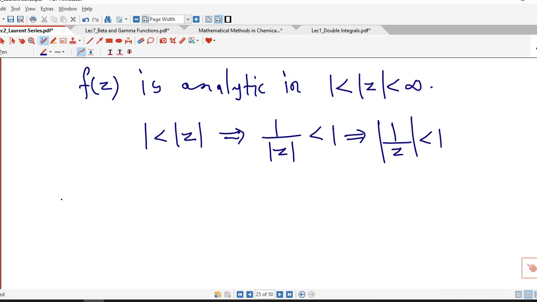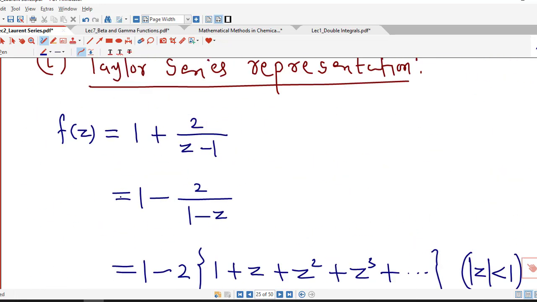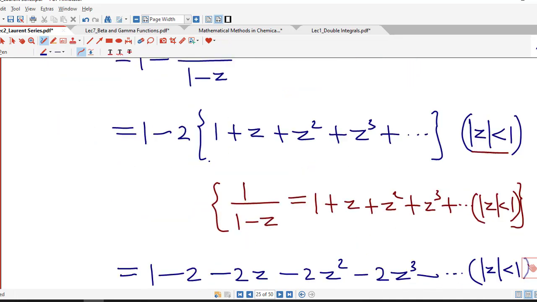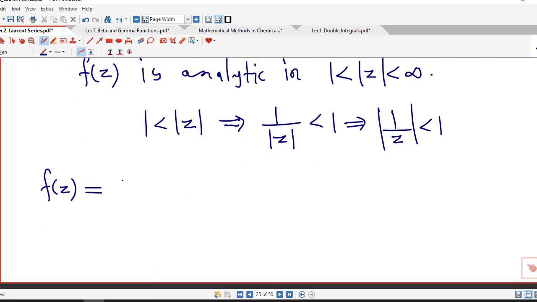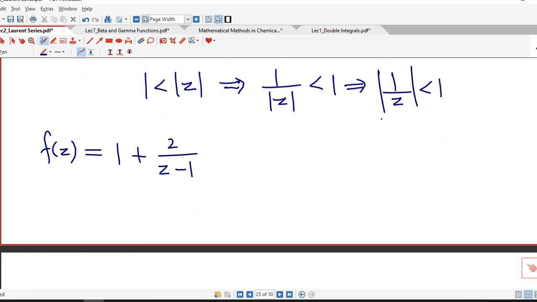Now we try to represent in terms of Laurent series. Our function is 1 plus 2 over z minus 1, which we have simplified. Now here the absolute value of 1 by z is less than 1.